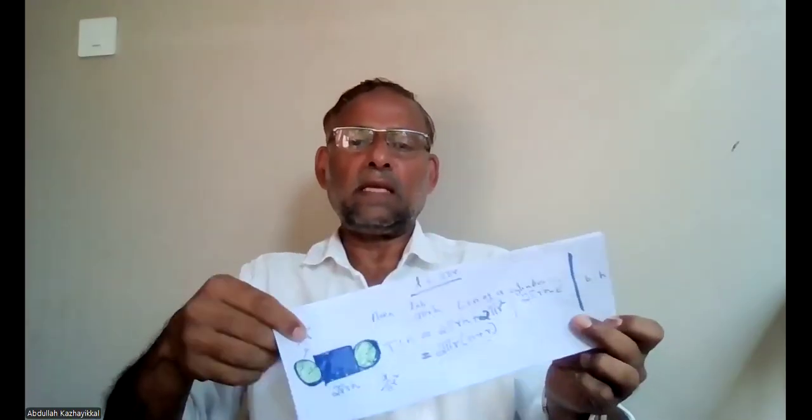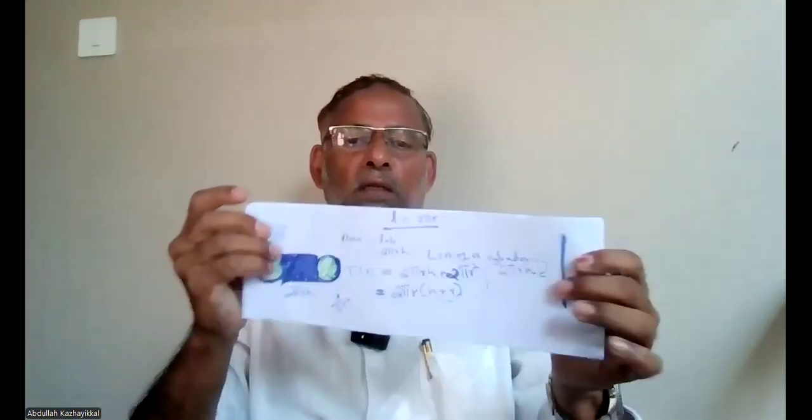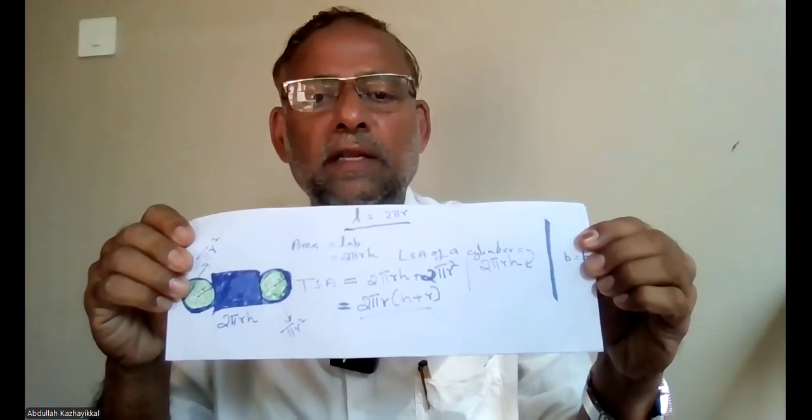This is L. The circumference of the circle, that means the length, or perimeter of the circle, that is L, that is 2 pi r. Then L into B: length into breadth is the area of a rectangle.